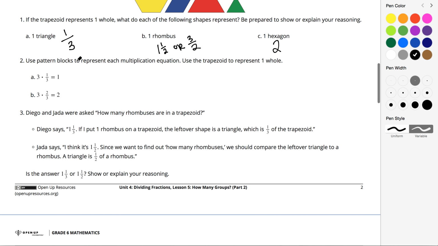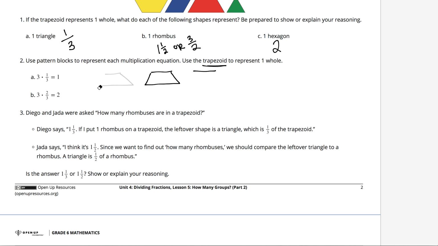Okay, so use a block to represent each multiplication equation. Use the trapezoid today, that's the red one, to represent a whole. So we have 3 trapezoids, 3 wholes. Oh, I'm sorry, I did this backwards. I'm acting like that's the total.